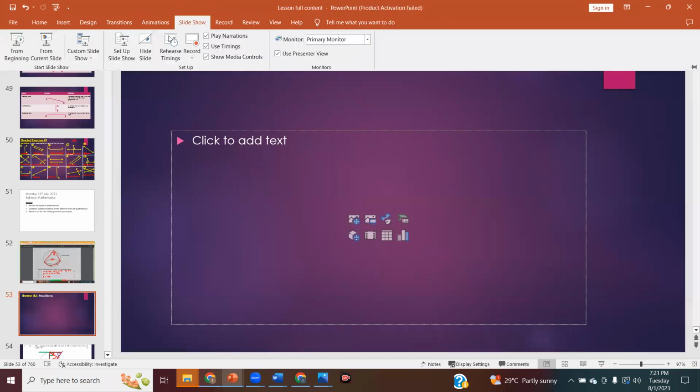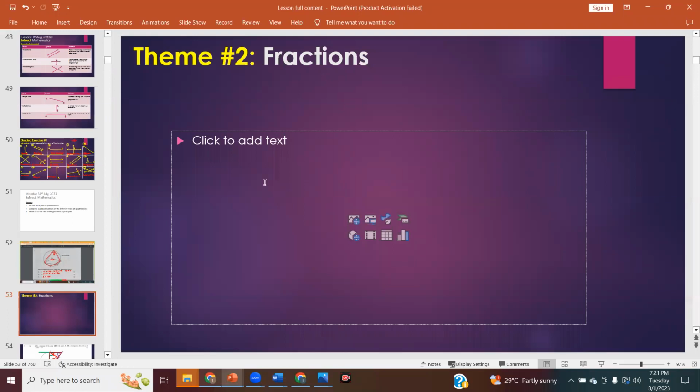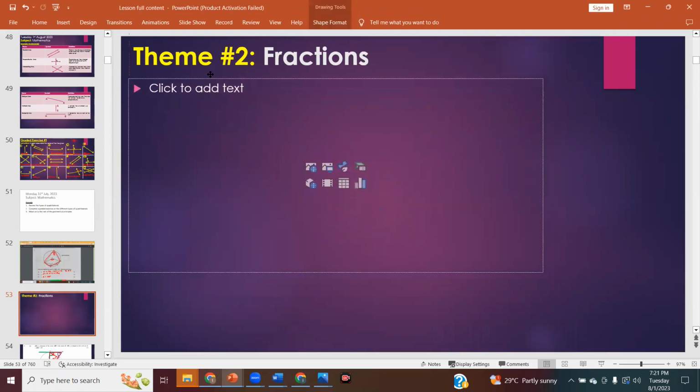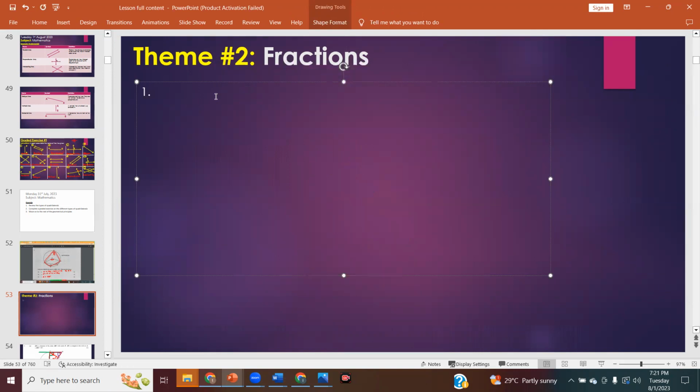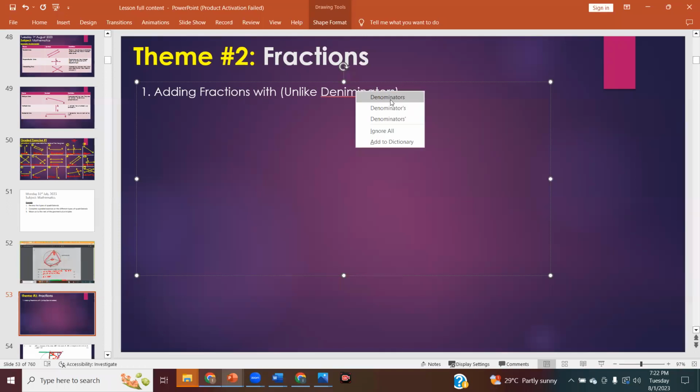So let's start off by adding fractions with unlike denominators. I guess that'll be our first section. We are going to be simplifying everything, right?